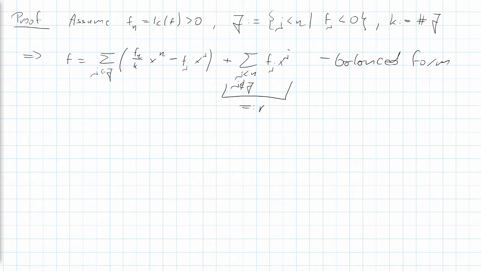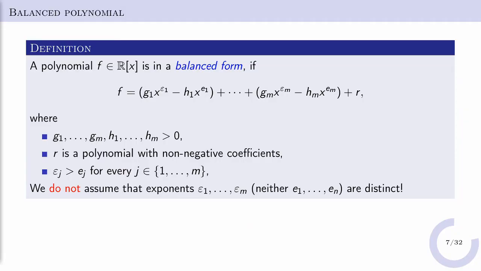The other implication is quite clear, because if the leading coefficient is negative, there is no way. If the leading coefficient is negative, there is no way we can write some g_i x to some power where this power would be greater than the degree of the polynomial. So if the leading coefficient is negative, it would be one of those terms, but then there is no term here that would have the greater exponent.